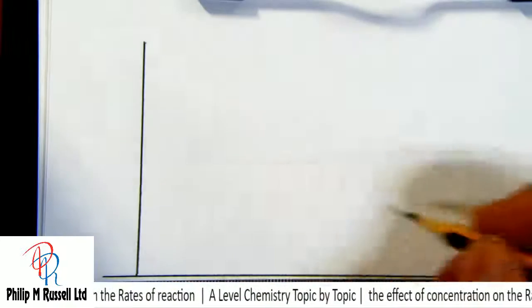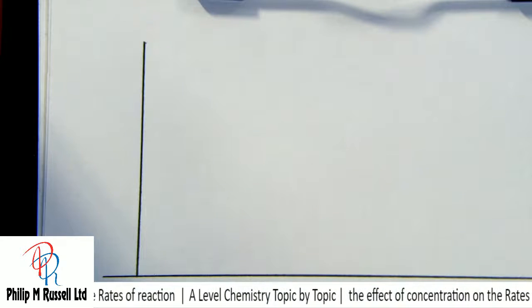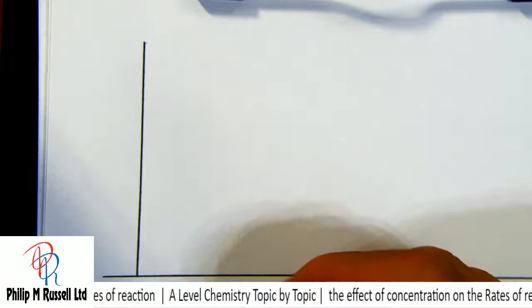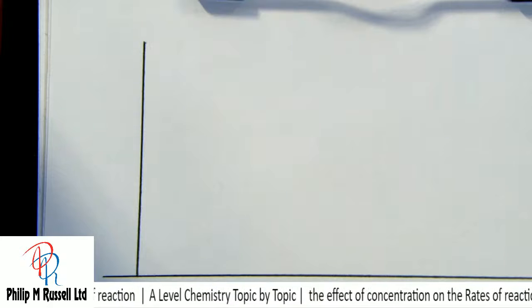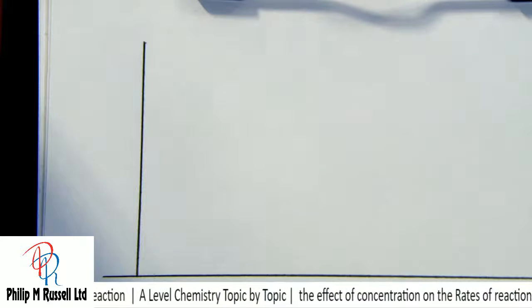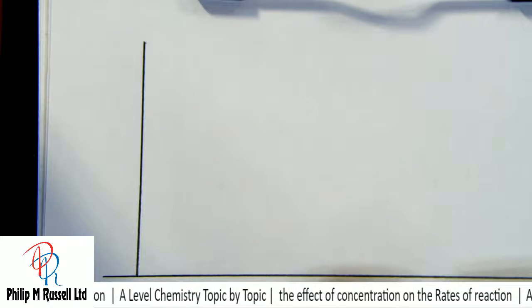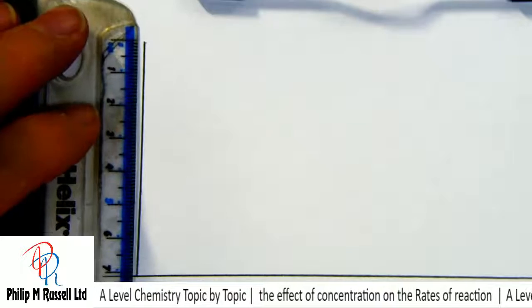So let's have the 1 over T here, and you can take your pick basically which way you want to try and run this, but I think it's easier if we put the concentration on the bottom and we do this going up.